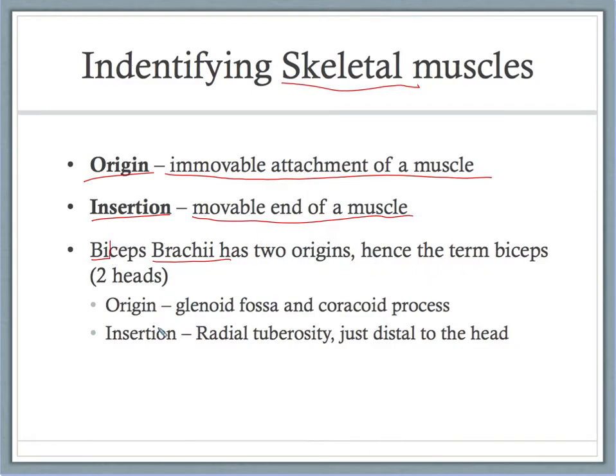That's the biceps. So it originates at the glenoid fossa along with the coracoid process. So glenoid fossa and coracoid process are both found in the scapula. It inserts on the radial tuberosity, just distal to the head of the radius. And so when it contracts, it pulls that closer to these two origin points.